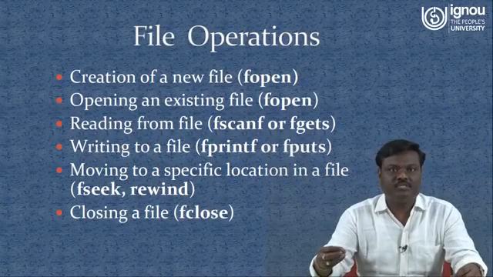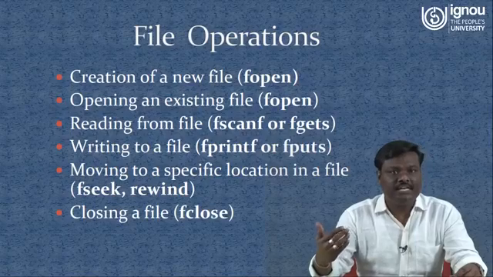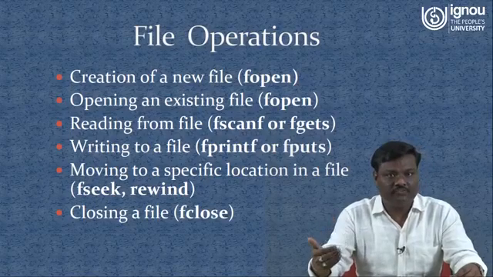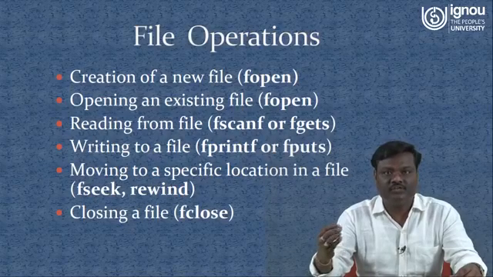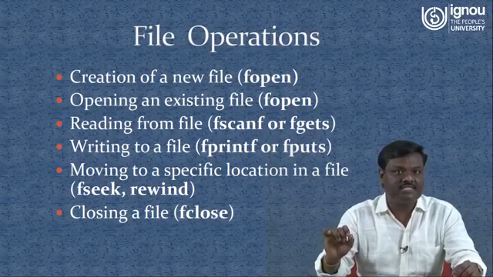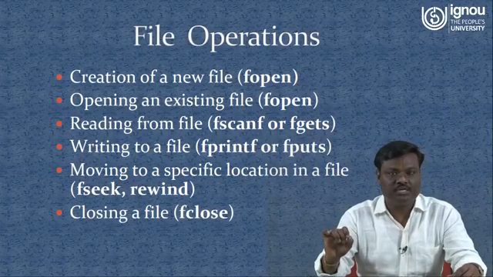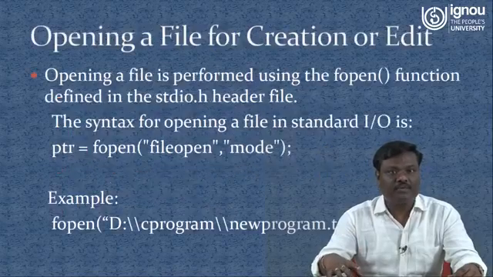All these file operations are possible. Then reading from a file, writing to a file, moving to a specific location in a file, that is, we want to hit some point or location in an existing file, that is also possible, and then closing a file. So all these file operations are possible during our programming.